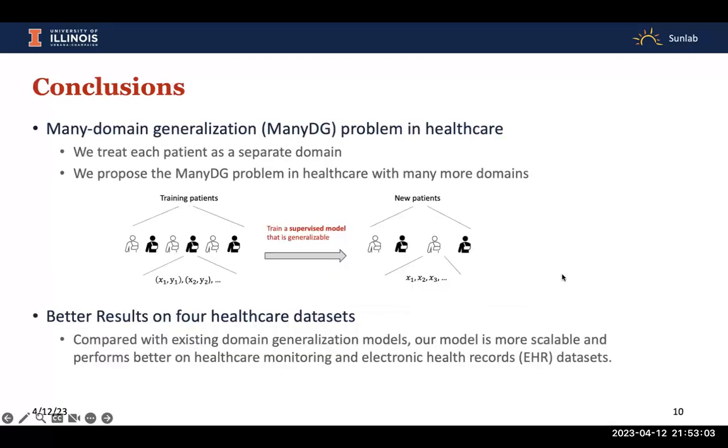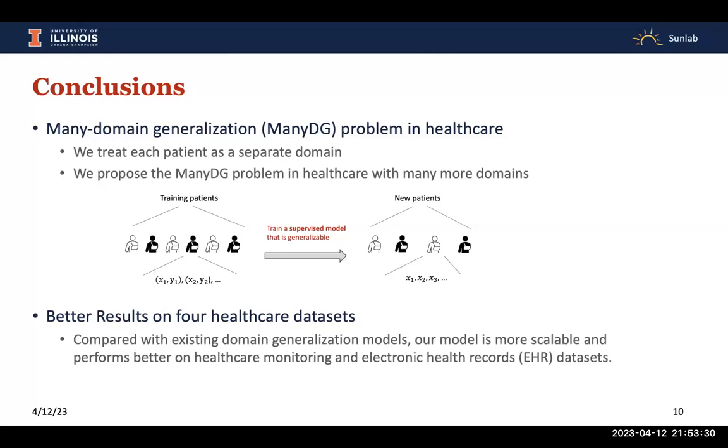So here is the conclusion of the paper. In this paper, we introduced the many domain generalization, ManyDG, problem in healthcare. We call it many because in the healthcare data sets, we treat each patient as a separate domain. Usually for domain generalization problems, people use around 4, 5, or 6 domains. But in our data sets, we can have hundreds of thousands of patients.